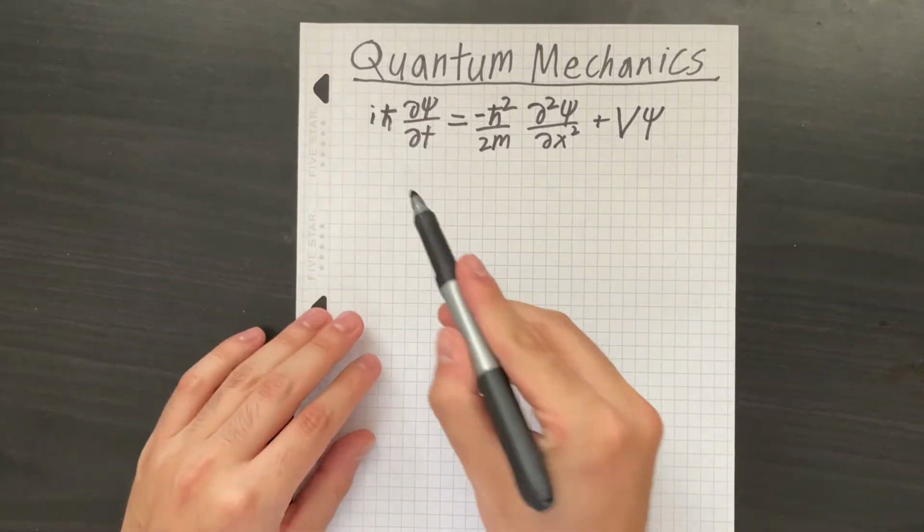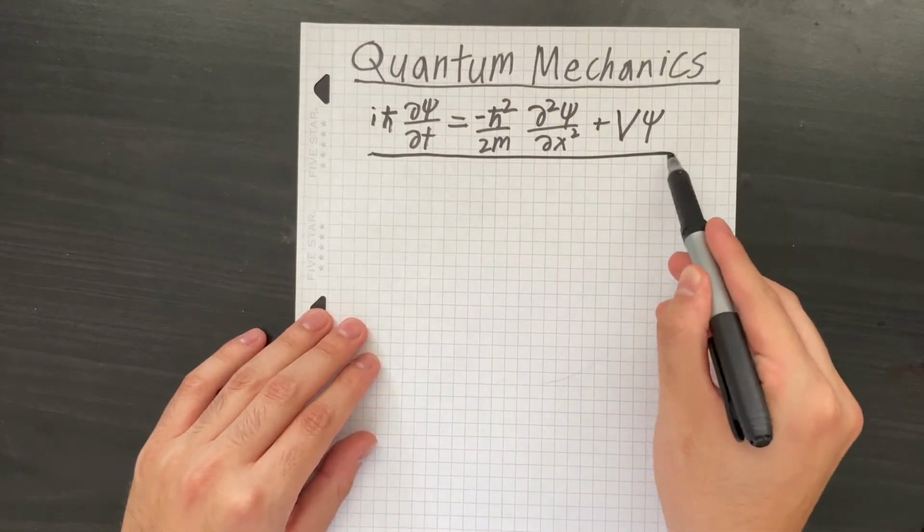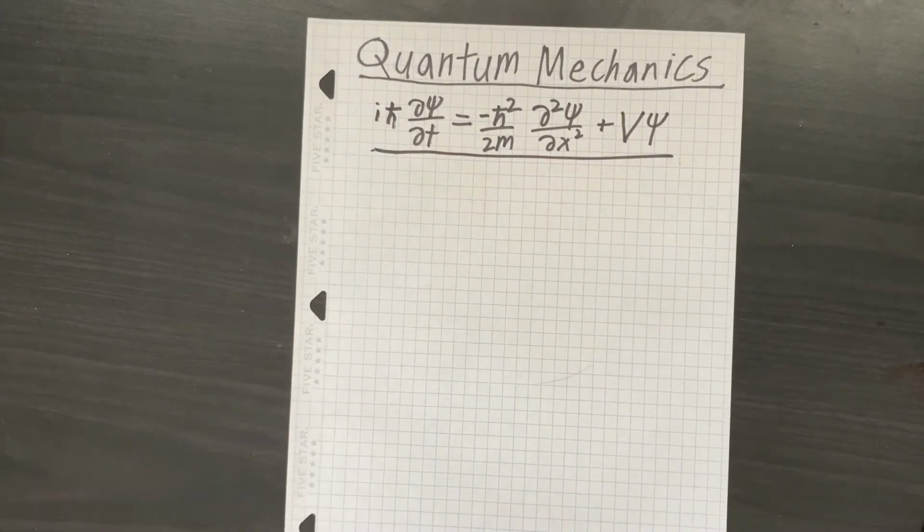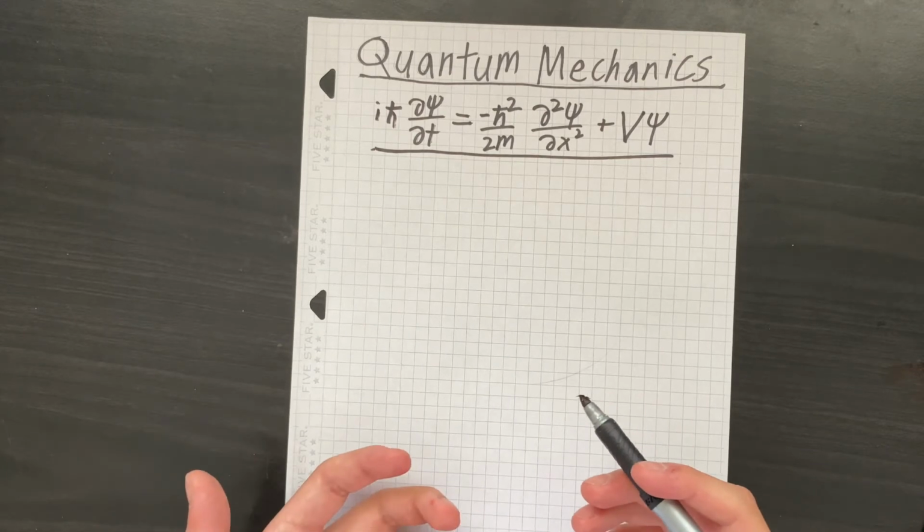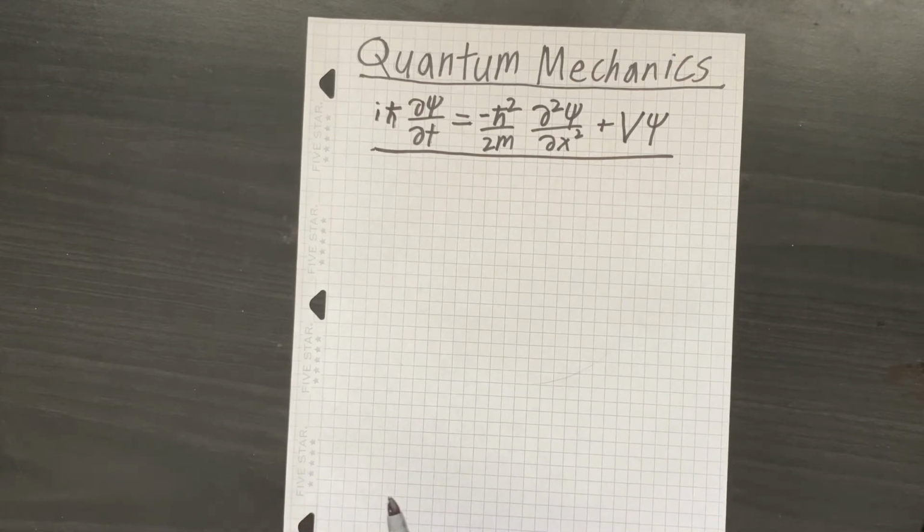So this right here is the Schrödinger equation. It's the basis for all of quantum mechanics, how we solve all quantum mechanics problems.